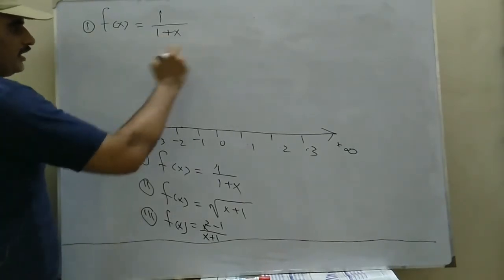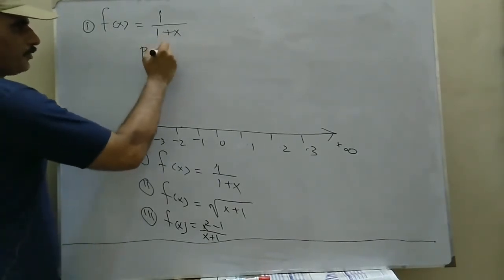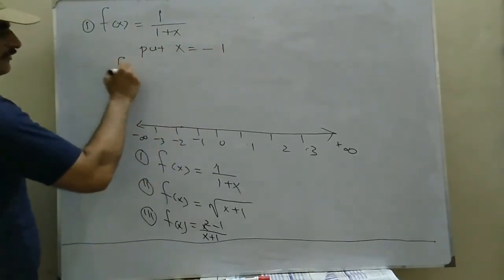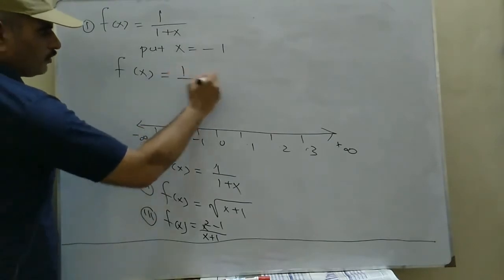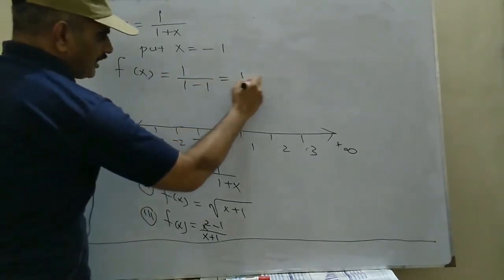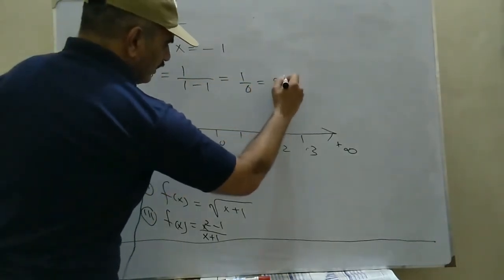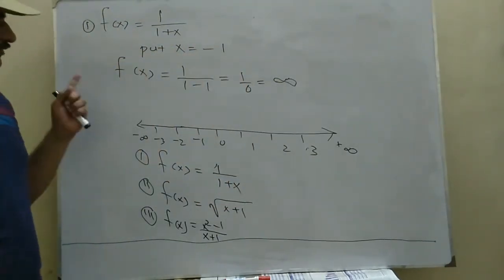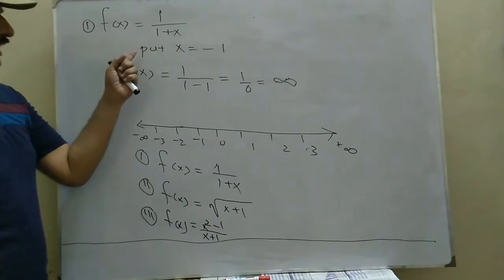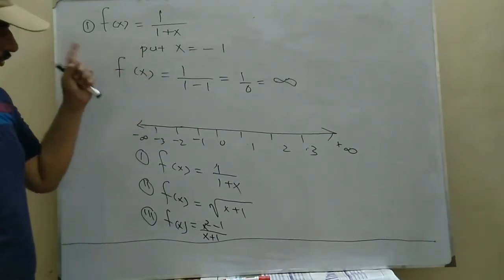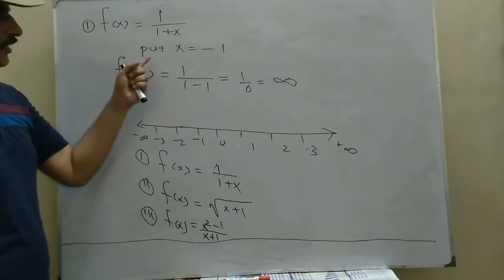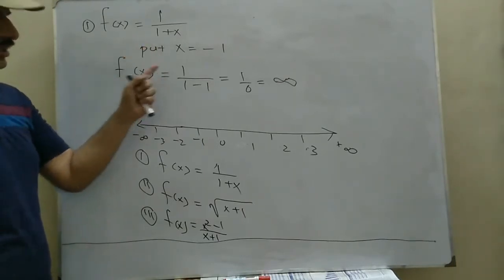For example, if we put x is equal to minus 1, what will be the result? f of x is 1 over 1 minus 1, that is 1 by 0, the result is infinity, undefined. So whenever you are dealing with a rational function having a denominator, keep in mind that you should avoid such values in domain for which the denominator becomes 0.